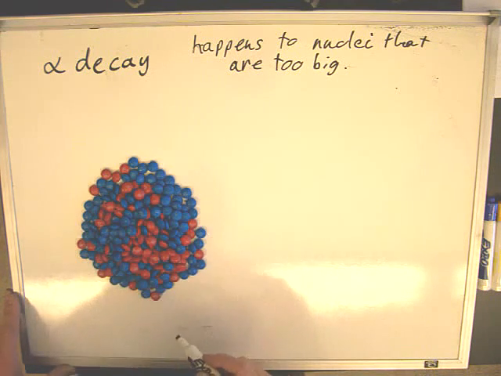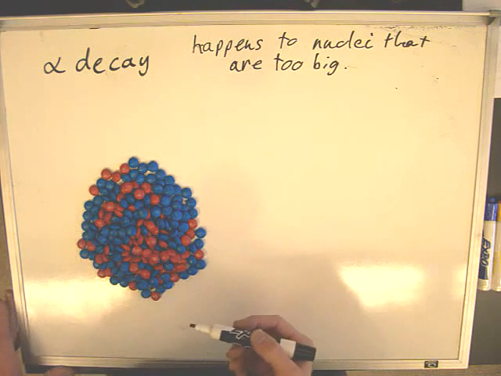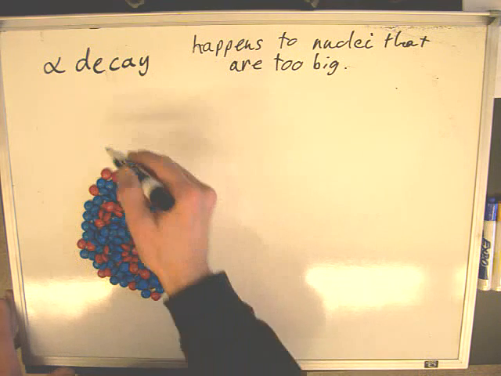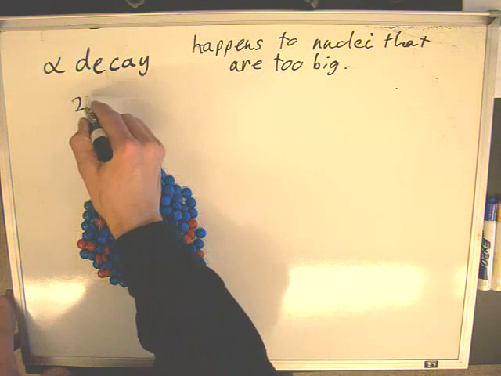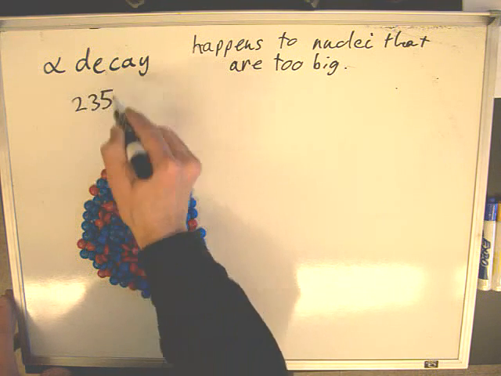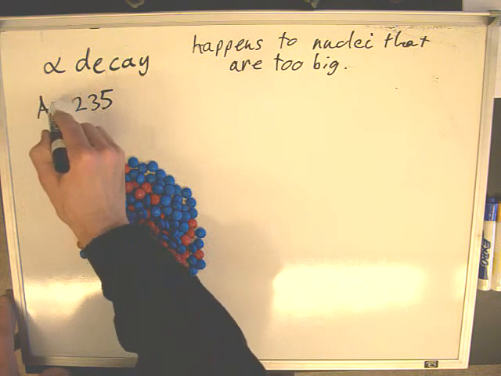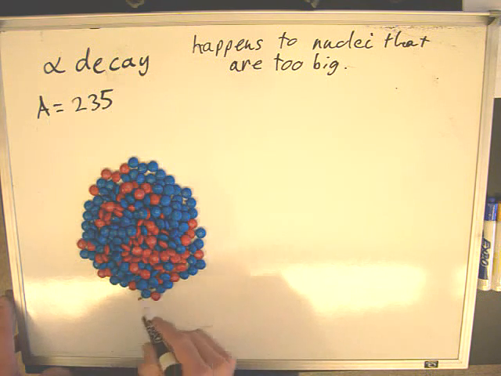This one has 235 M&Ms in it, so 235 protons and neutrons. I write 235, that is A, the total.